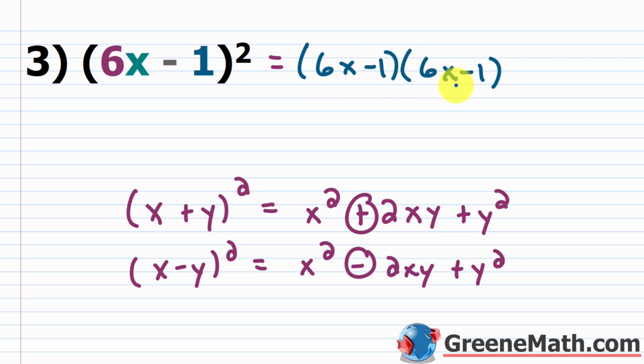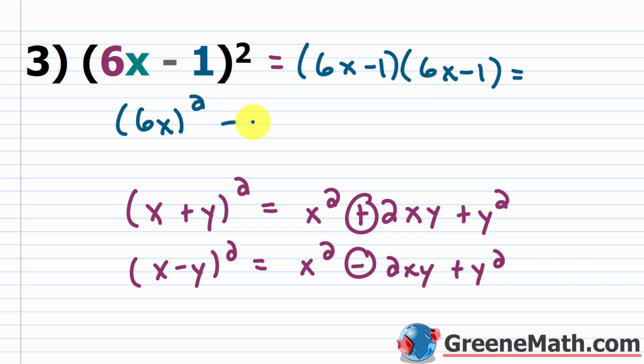Now, with this expansion, you're going to be able to use this little shortcut here, because what ends up happening is you have the first guy that's squared, right? So 6x times 6x, it's the same term, so that guy is just squared. So I'm going to take this 6x and I'm going to square it. Then, basically, you think about the outside and the inside. Well, you have 6x times negative 1 in each case. It's just done in a different order, right? So I might as well just say that I have 2 times that amount.